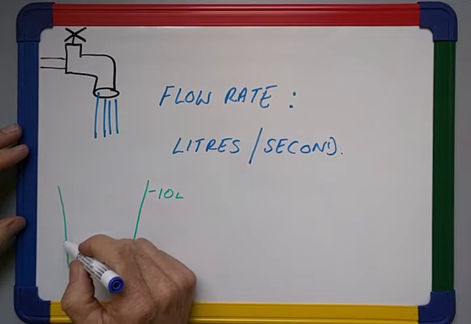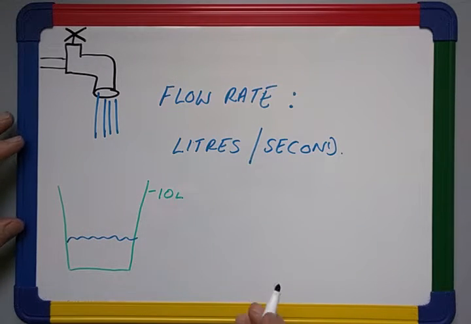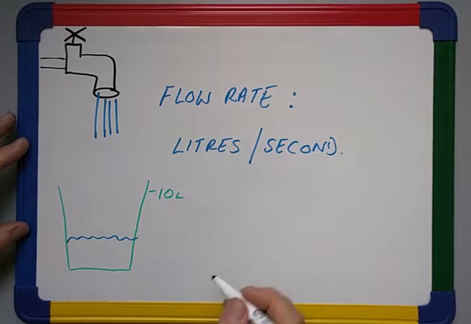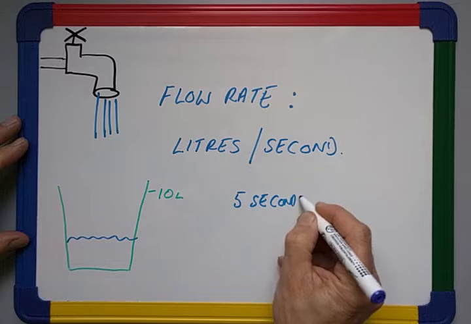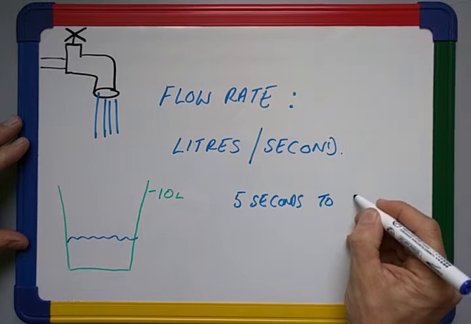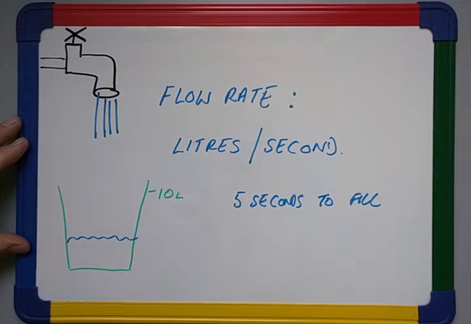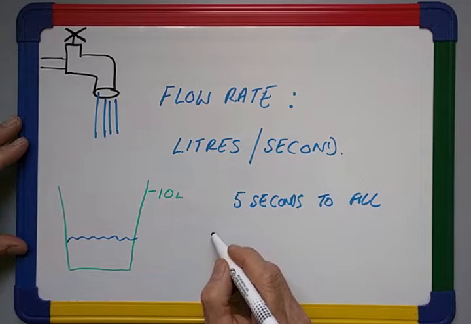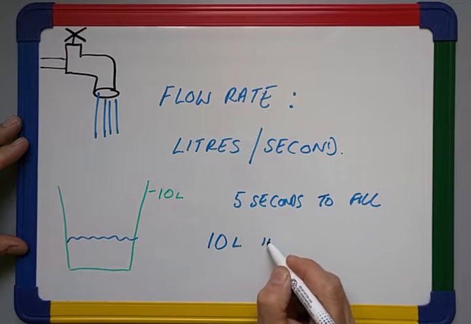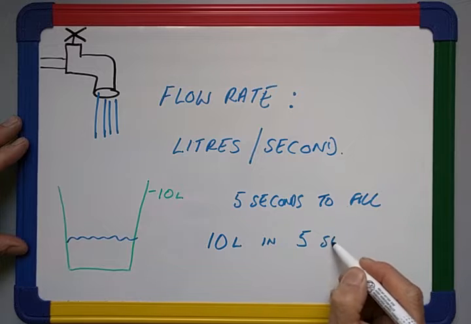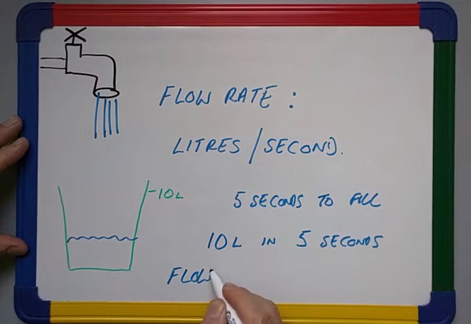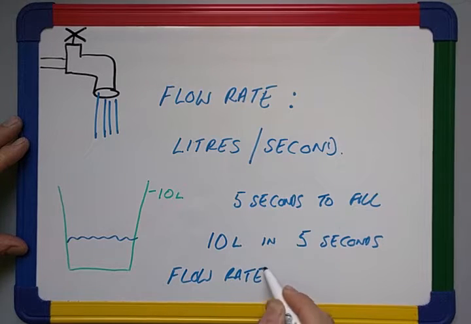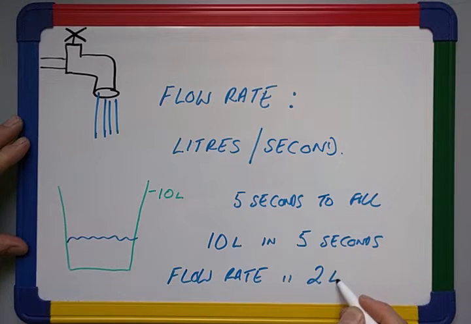If we find that the water level in this bucket goes from 0 to 10 litres in 5 seconds, so it takes 5 seconds to fill the bucket, that means that we have a flow of 10 litres in 5 seconds. So the flow rate is 2 litres per second.